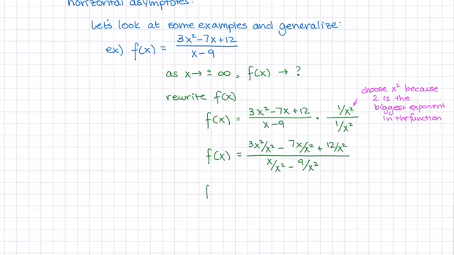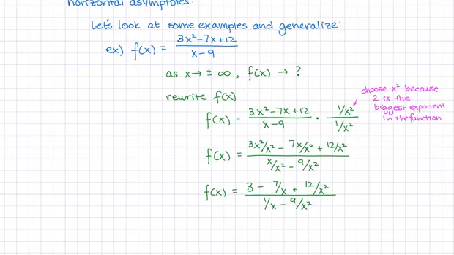In the first one, the x squareds cancel out, so I'm just left with 3. In the second fraction, there's an x in the numerator that will cancel with one of the x's in the bottom, so I'm left with 7 over x. And then I'll be left with 12 over x squared. In the denominator, I'll have 1 over x minus 9 over x squared.